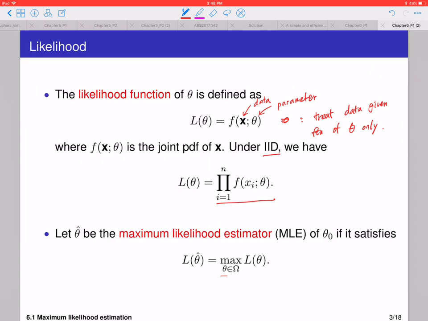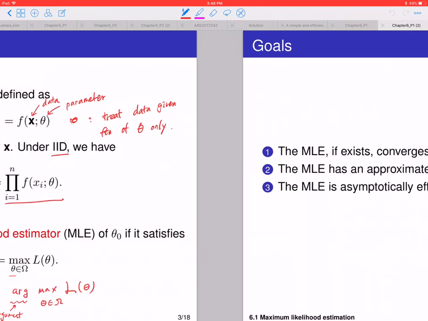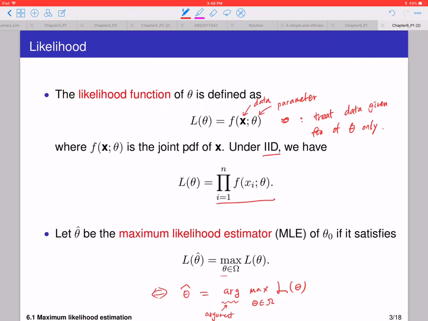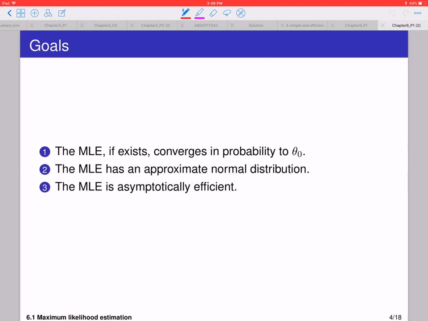So another way of saying this is that zeta hat is the argmax, the argument of the function. What we are going to study in this chapter is, first, that the MLE converges in probability to the true parameter zeta null.